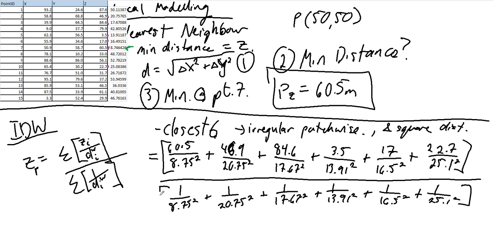There we go. So once we calculate that through, we end up with a Z value of 44.3, whatever meters. There's my Z value for point P.